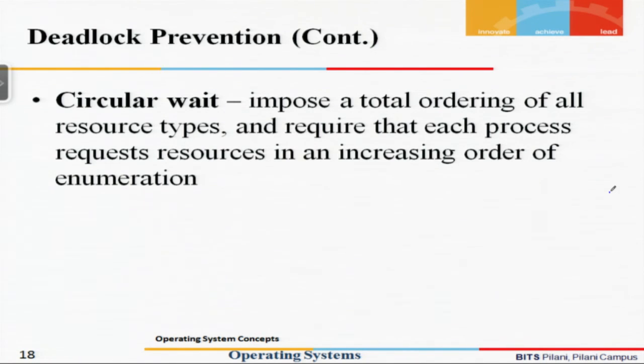We would stop here in this session. In the next session, we are going to talk about deadlock avoidance, and also about a strategy where we allow the deadlock to occur and then try to recover from it. We will see these things in the next session. Thank you.